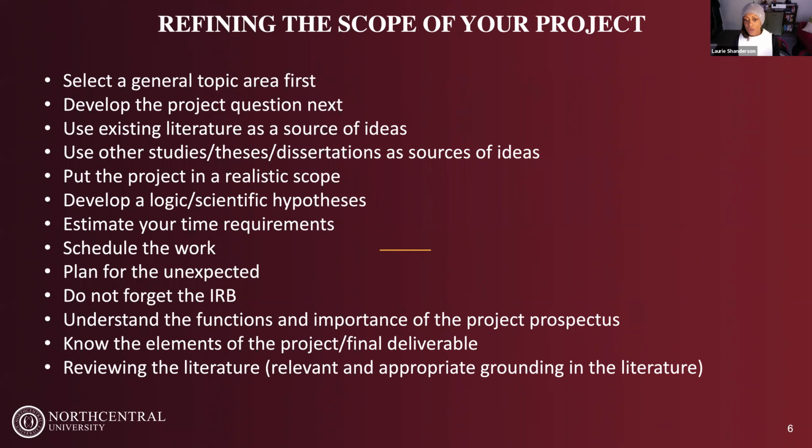Review the literature, relevant and appropriate. Have a relevant and appropriate grounding in the literature. So if I'm going to discuss diabetes, it's not because I just pulled it out of the air. I'm going to learn about the disease. I'm going to learn about how it's relevant based on my project and what it is I want to do.